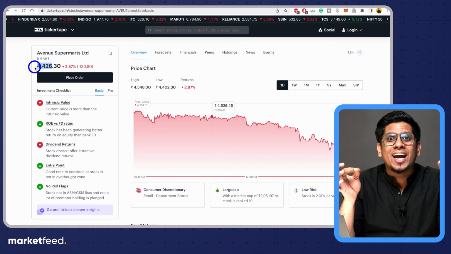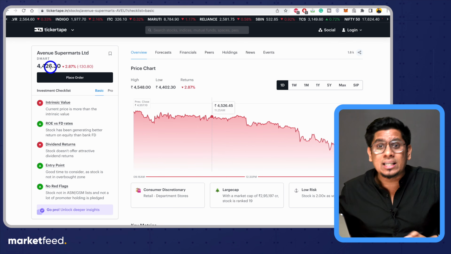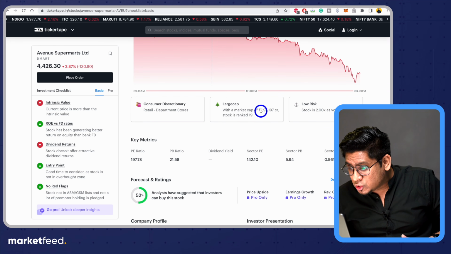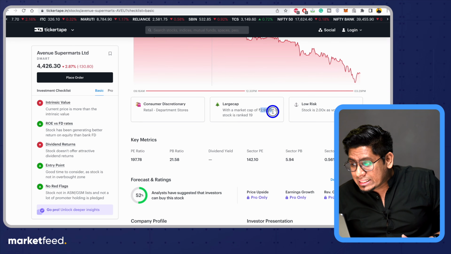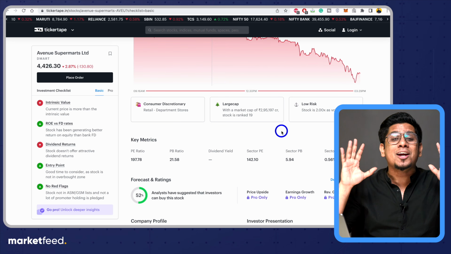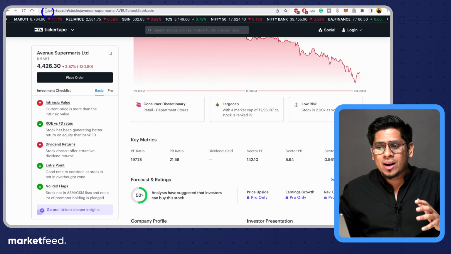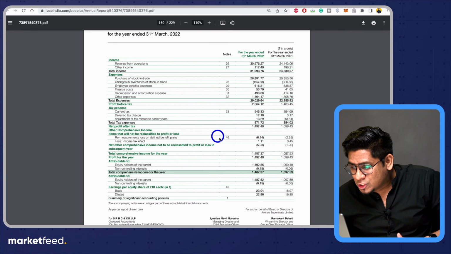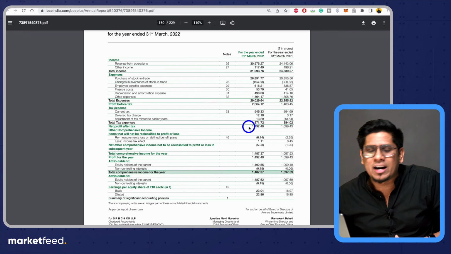Market capitalization, right? That is 4,426 into the total number of shares available. It's shown here, 2,95,197 crore rupees. If you spend that, you can be the sole owner of Dmart, and then you can enjoy the overall profit of 1,492 crores.